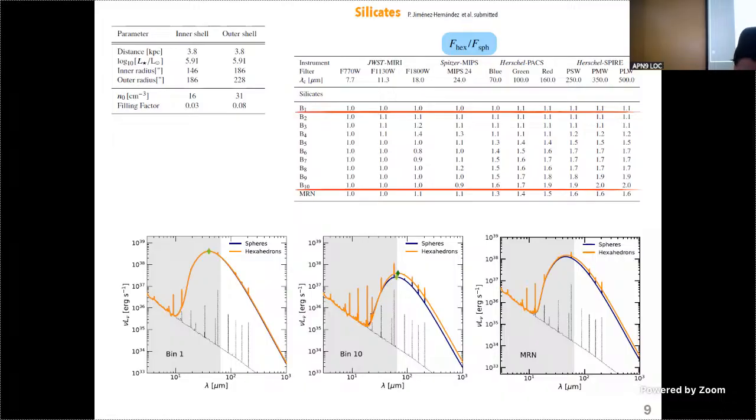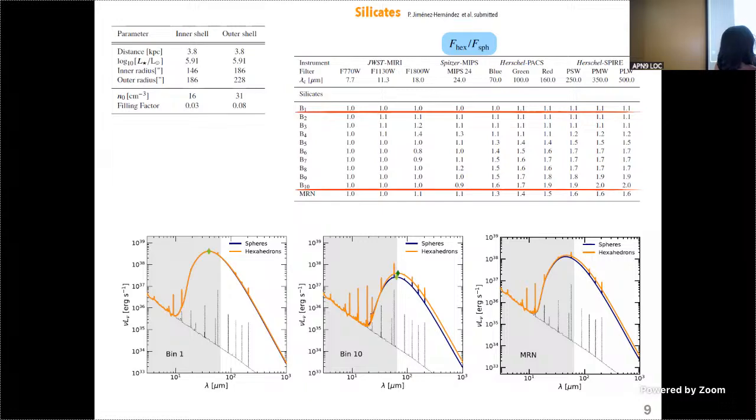And in order to see what the difference in fluxes is, we have to perform the ratio of the synthetic fluxes obtained for different telescopes.